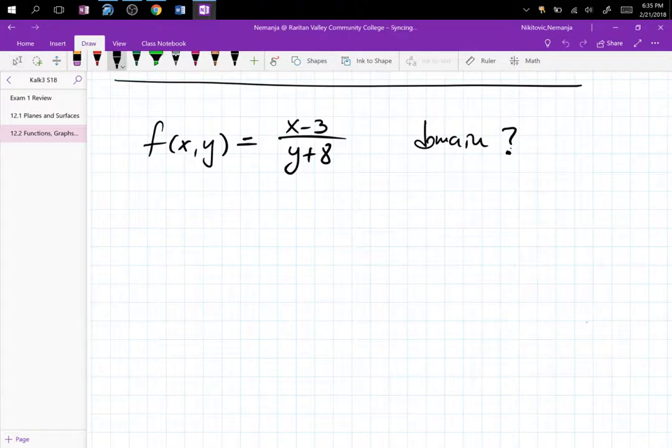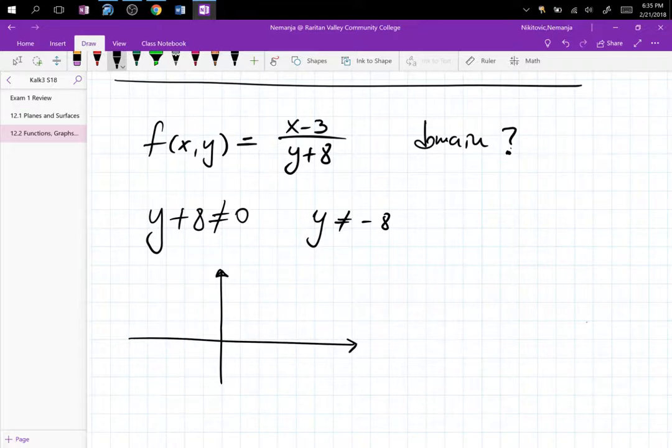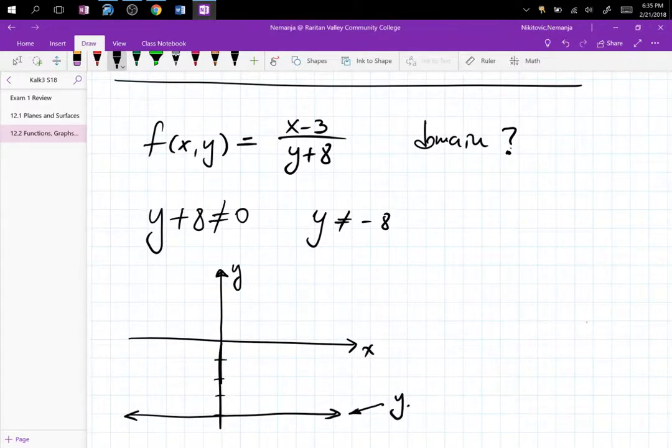So we definitely need to have y plus 8 not be 0, which means y cannot be negative 8. But what does that entail for our domain? If you are to draw this, y equals negative 8 is this line here: negative 2, negative 4, negative 6, negative 8.